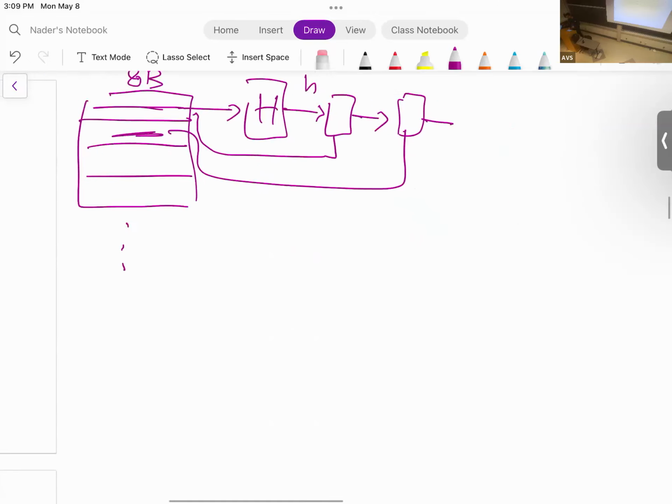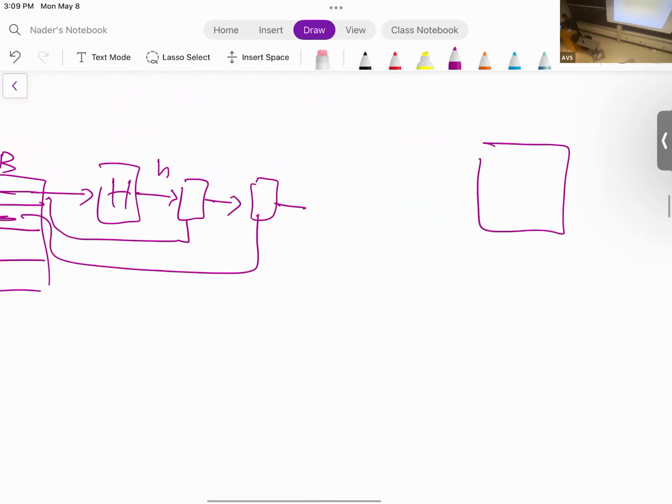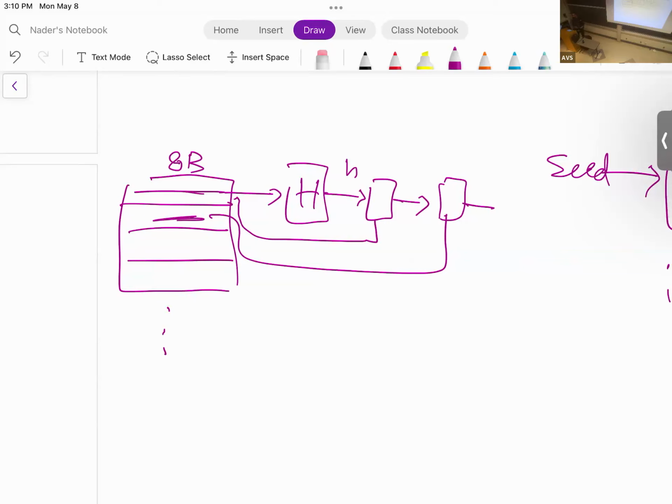If you remember, the hash function was literally this two-input system that takes some form of seed and some form of input and results in an output. So maybe I start with a random seed here, take the first line, compute the hash, use this as a new seed, take the next line and compute this. And at the end, I will have just one hash value.